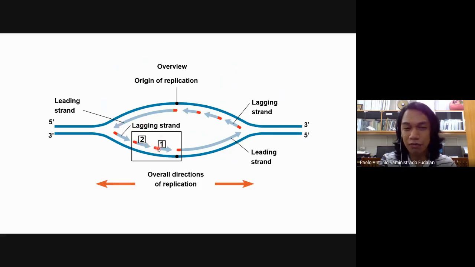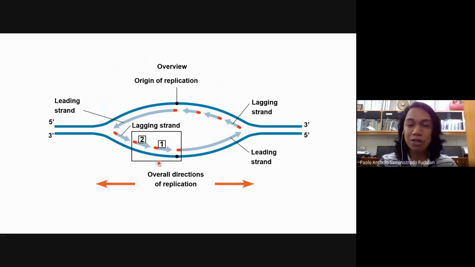So starting with number 1, and then it will go back, it will go to number 2, and then it will go back, and then go to number 3, and then there will be gaps between these strands we call Okazaki fragments. Now, those gaps are going to be replaced by another DNA polymerase, and the gaps between the DNA strands in the lagging strand will be ligated together by ligase.